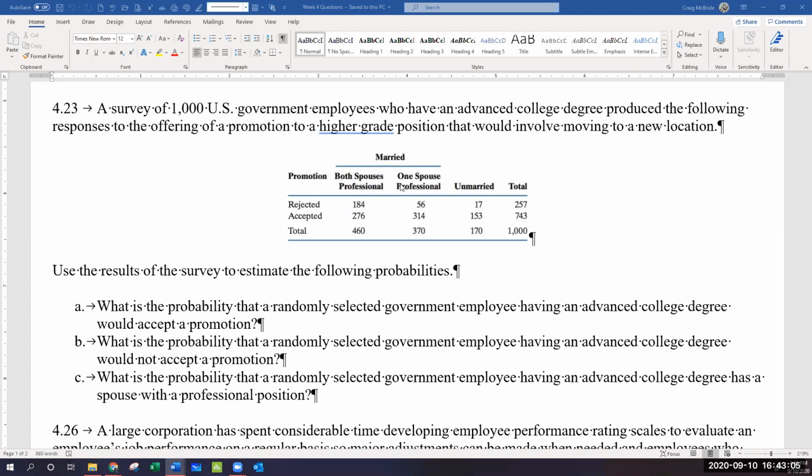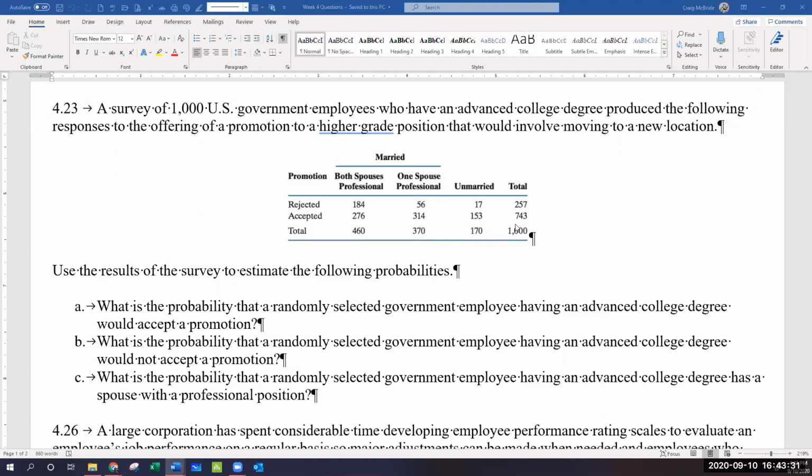It really has nothing to do with anything other than that. So when they say, what is the probability that a randomly selected government employee having an advanced degree, i.e. just pick somebody from this entire pool of 1,000, would accept a promotion, that's literally just 743 over 1,000, and the answer is just 0.743. It's that simple. Okay, I see. So that makes sense now.